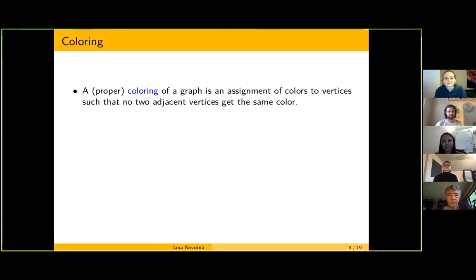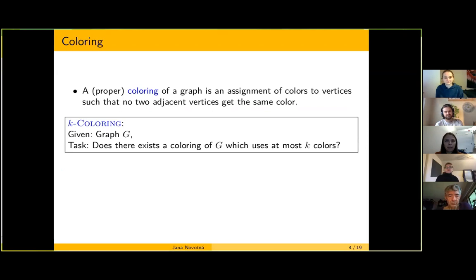I start with recalling what coloring is. A coloring of a graph is an assignment of colors to vertices, such that no two adjacent vertices get the same color. I will be speaking about two particular coloring problems. The first one is k-coloring, which asks for a given graph whether there exists a coloring of it which uses at most k colors.